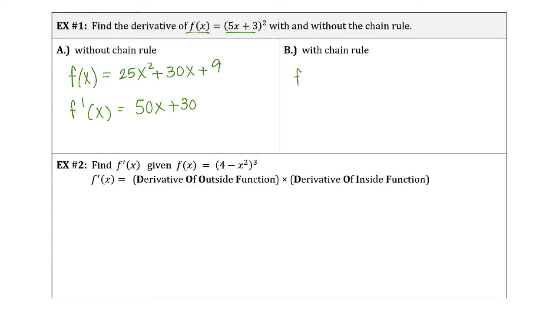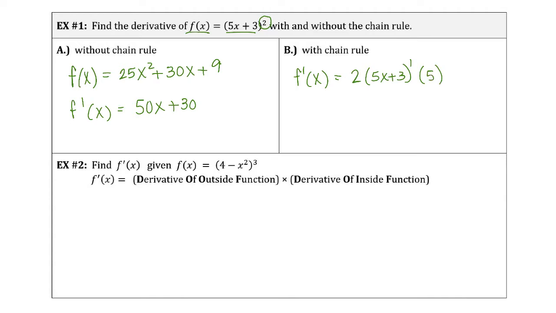So f prime at x, that's going to be the derivative of the outside. So in other words, we're going to do a derivative outside, 2 times 5x plus 3, all raised to the first, times the derivative of the inside. And the derivative of the inside is just 5.